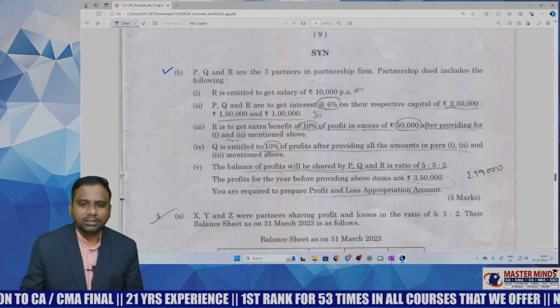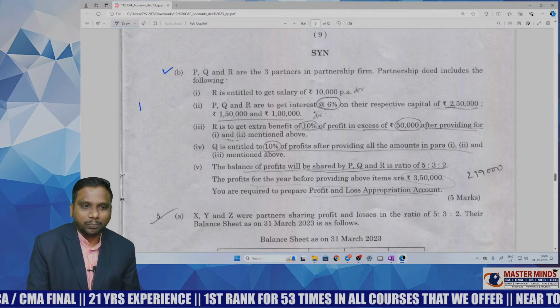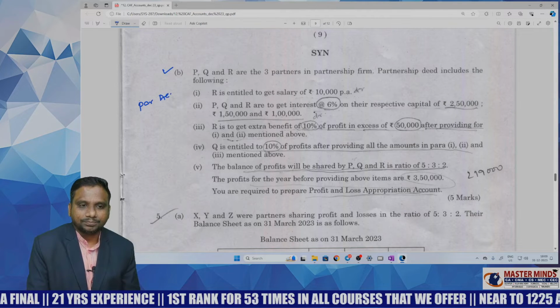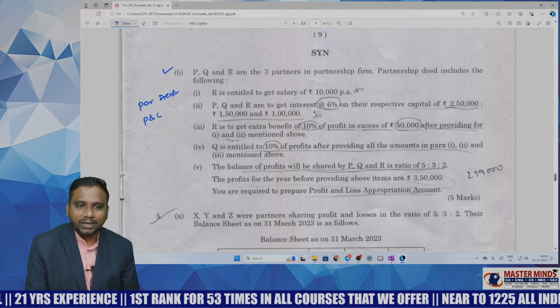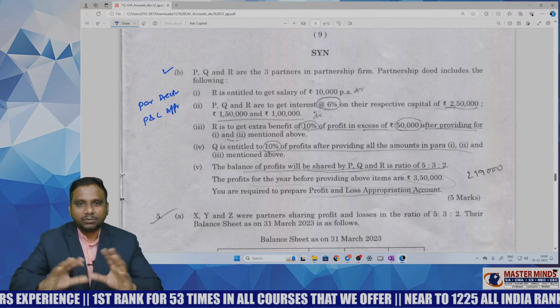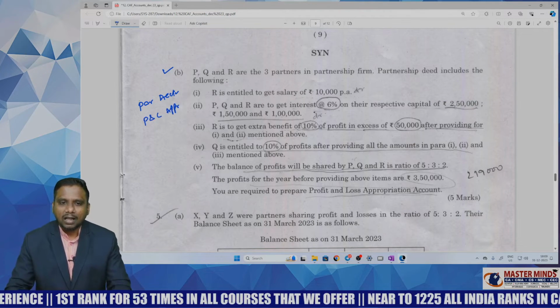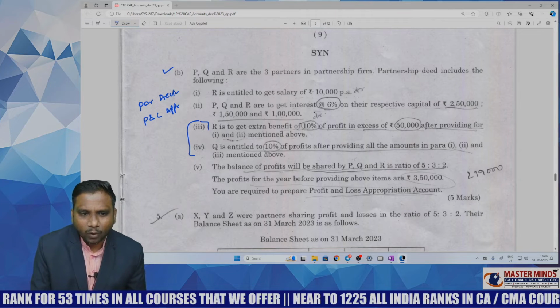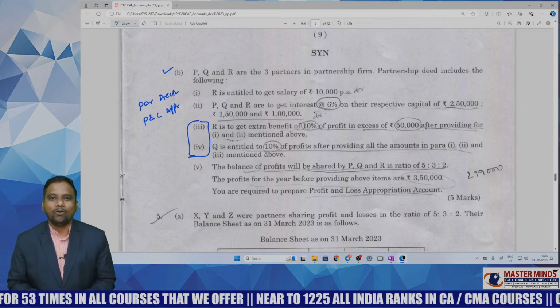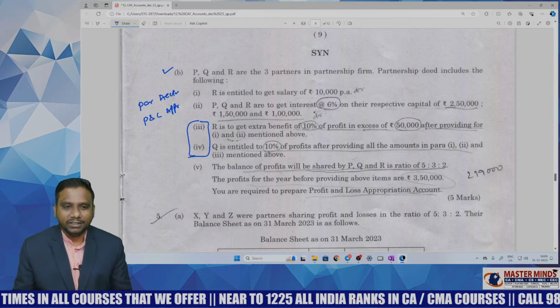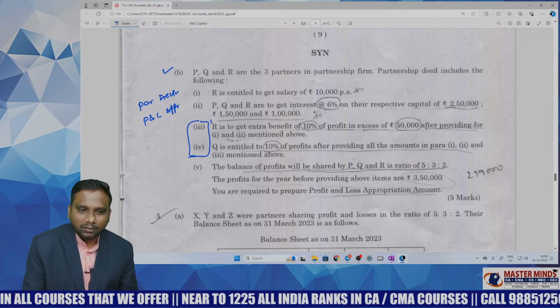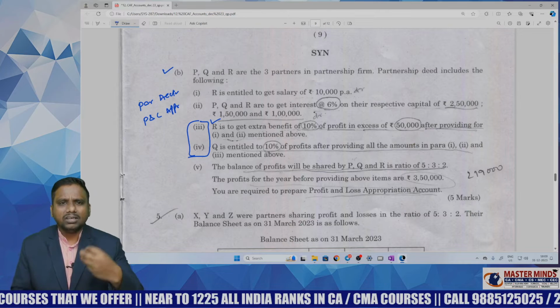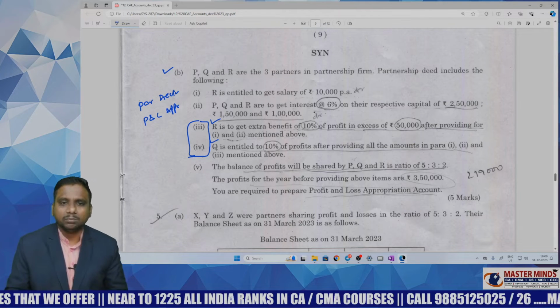Here is a question on P&L appropriation, partnership accounts. That too P&L appropriation, introduction chapter, students. And in P&L appropriation, some students may feel difficulty in point number 3 and 4. Sharing of profit. Okay, R sharing of profit means R will get some extra amount and Q also will get some extra amount.